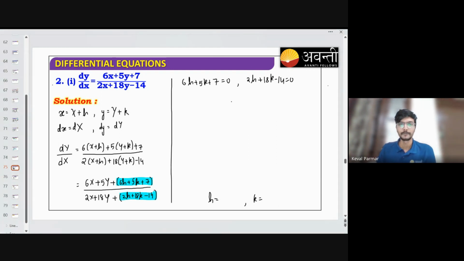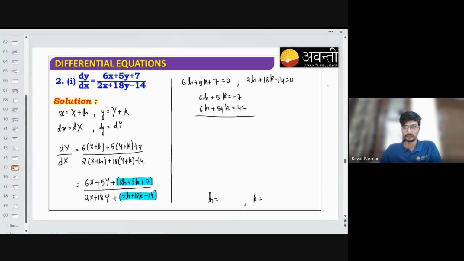Okay, I'll start. I multiply this with 3, then I can cancel out h. So I'll get 6h plus 5k equals minus 7. If I multiply this with 3, I get 6h plus 54k, equals 14 threes are 42.